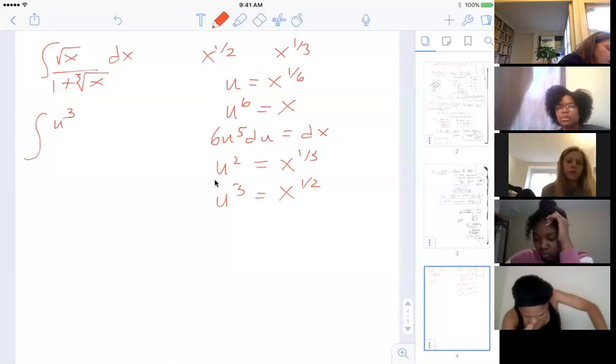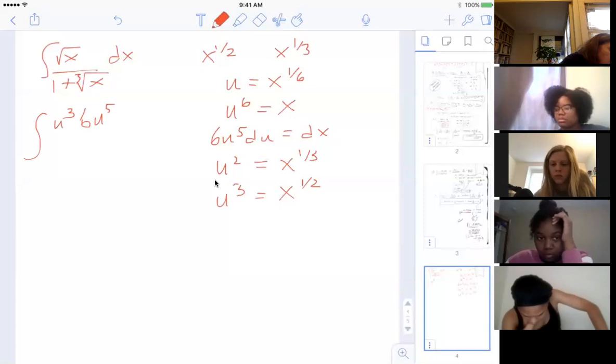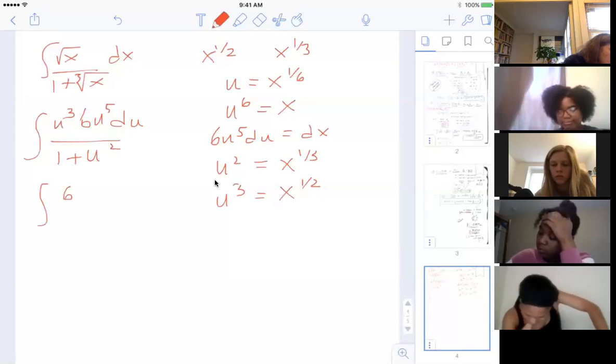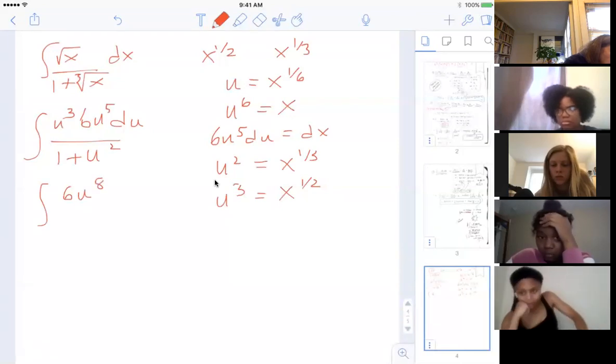Okay, the dx was 6u to the 5th du, and then 1 plus that cube root of x, x to the 1/3, was u squared. All right, I'm glad we're doing this one, because if you look at this, this is 6u to the 8th from up here, and it's all over 1 plus u squared.